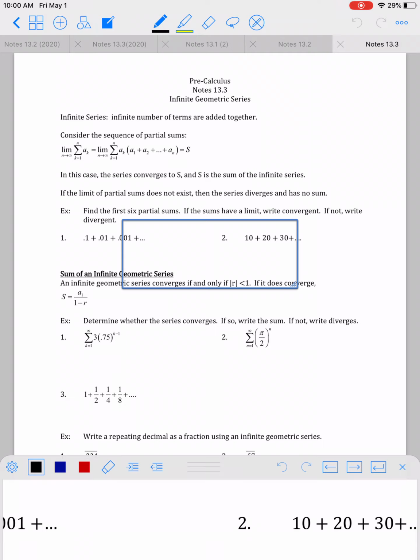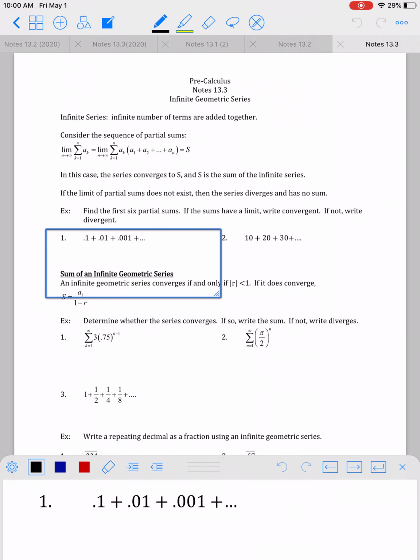So looking at our first example, we're going to look at partial sums. If I continue the pattern, this one is 0.1 plus 0.01 plus 0.001 plus 0.0001 plus 0.00001, and I think from there you can see the pattern.